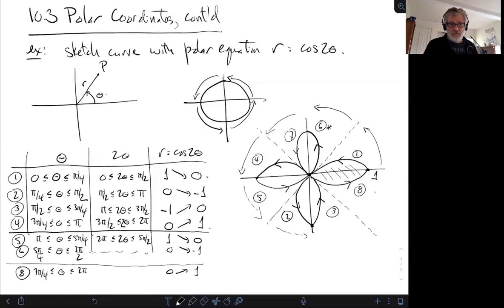Okay, I skipped the seventh piece here. But you see that if you go basically from minus pi over 4 to 0, r is positive, okay? And from 0 to pi over 4, r is also positive, but coming back down.